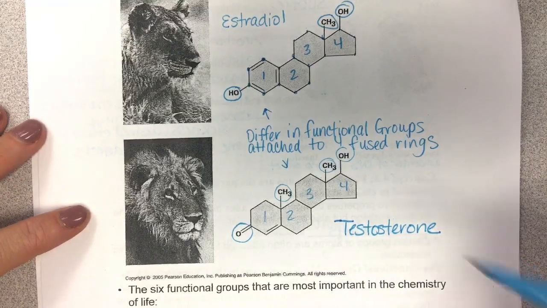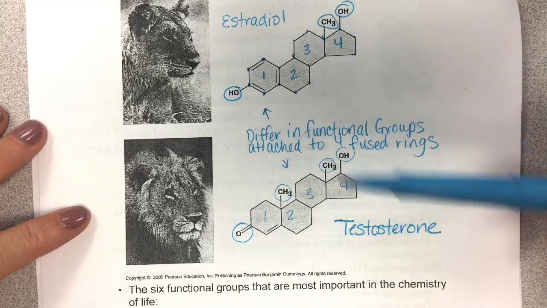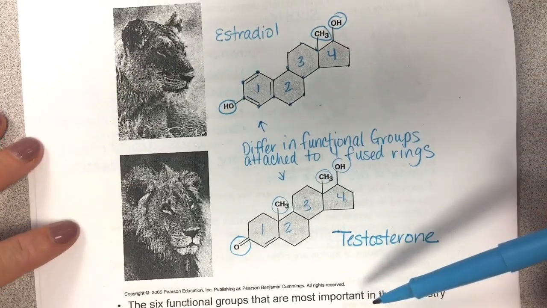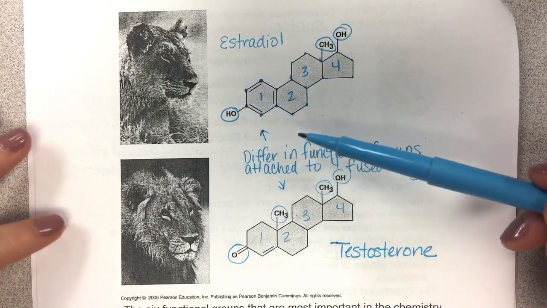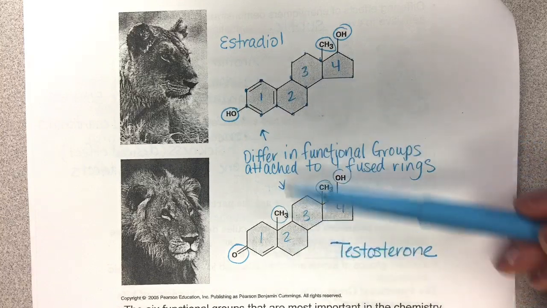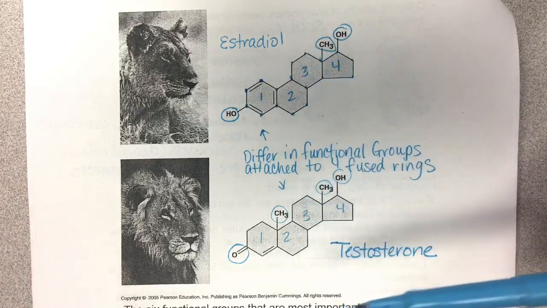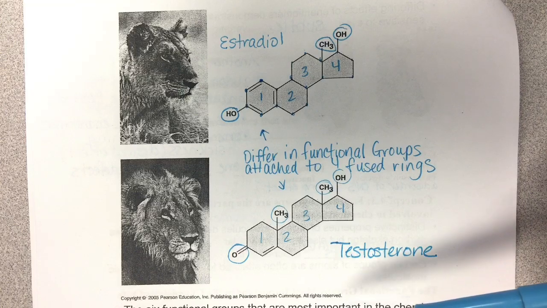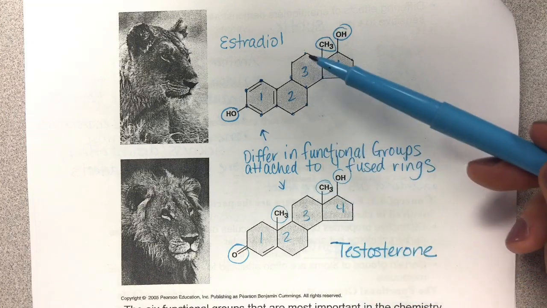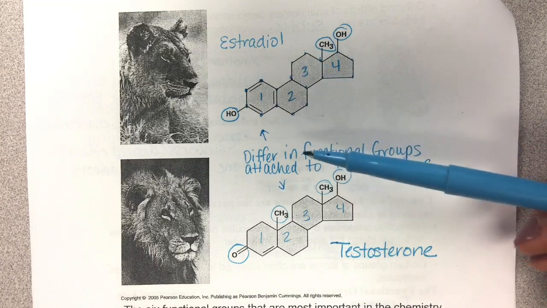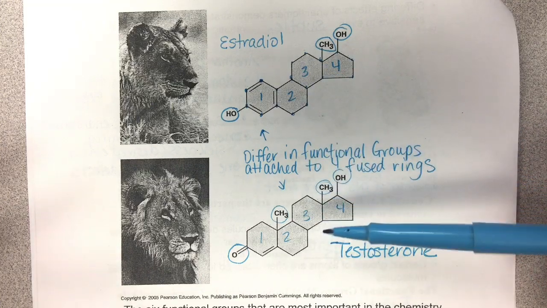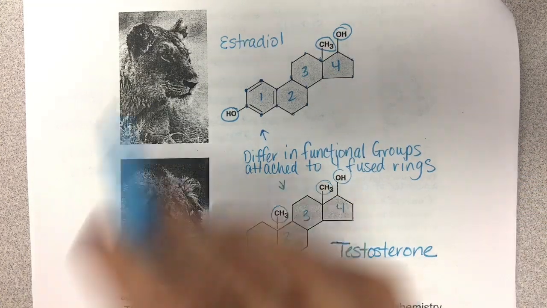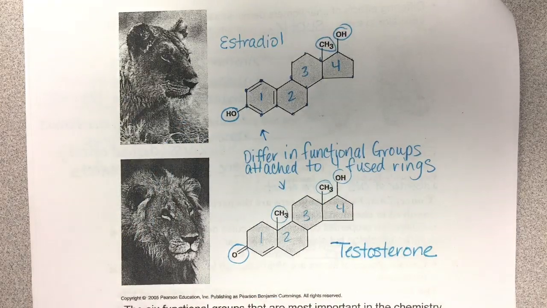And so these are a comparison of female and male sex hormones and how they have similarities in their structure but yet differences, and therefore have different ways that they interact and different things that they cause to happen within the body and then within cells. Estradiol is a type of estrogen. All right, so you've probably heard of estrogen.